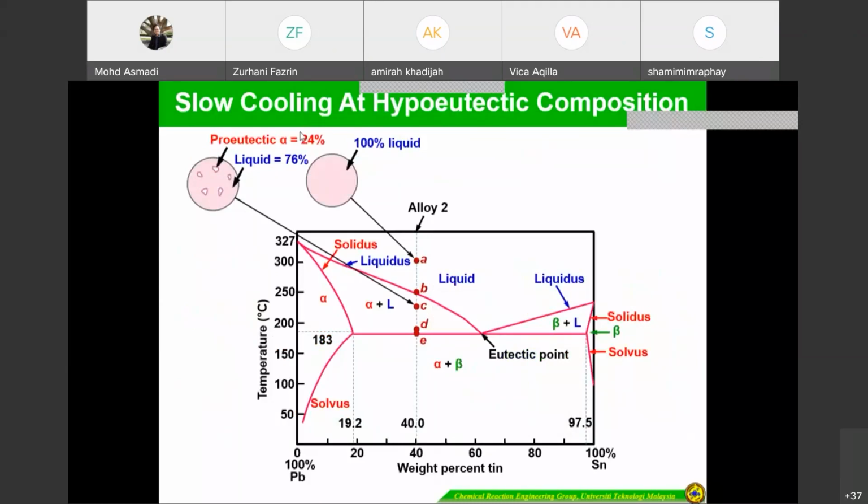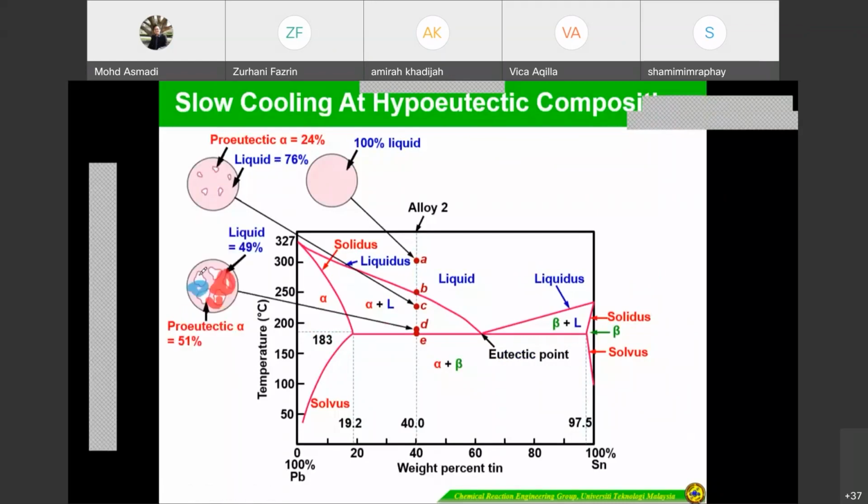Look at here, 24% solid and 76% liquid. And then point D, see? The proeutectic alpha grows, it becomes bigger, and the amount also increased. This one is 51, this one is 24.